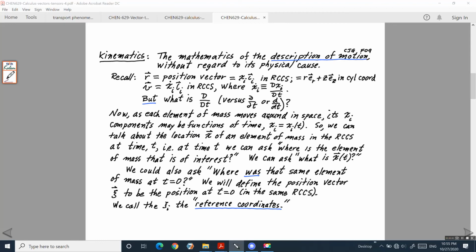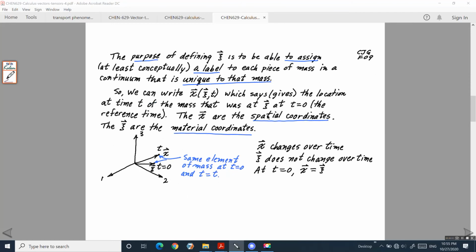Okay, now here actually we define that term as the reference point, in another word the starting point. Then we can write the x vector as depending on that reference coordinate, the reference point.